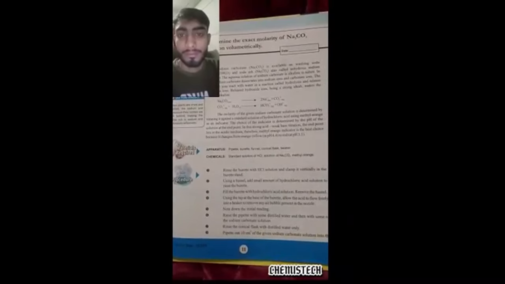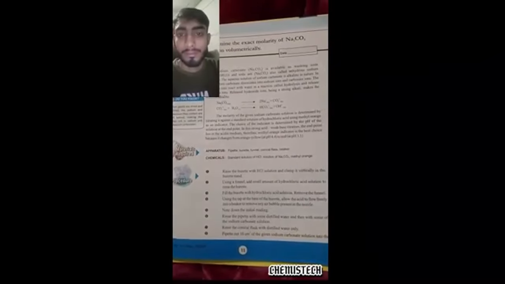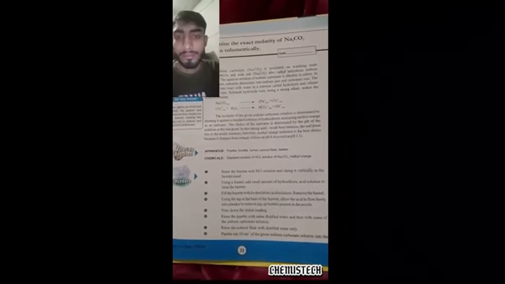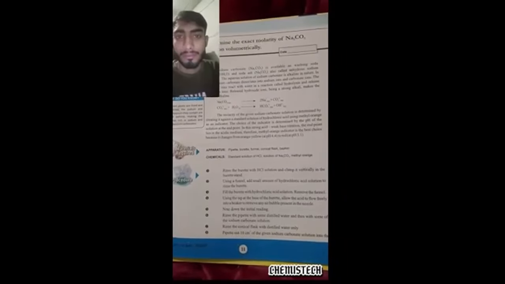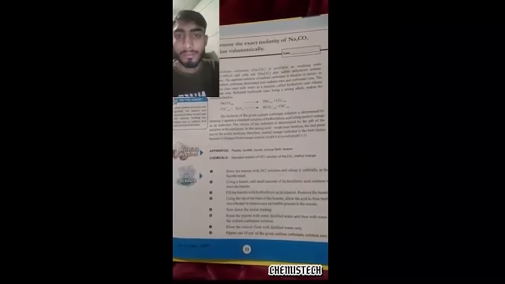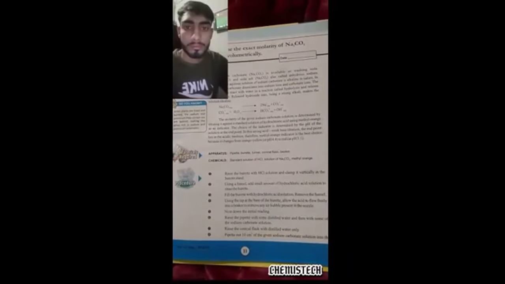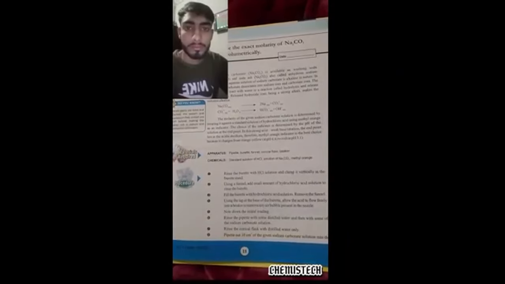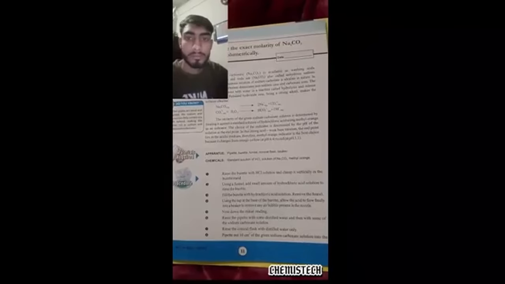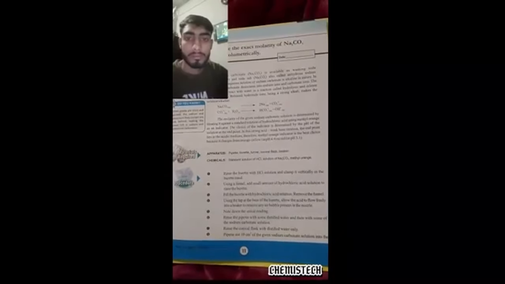dissociates into sodium ions and carbonate ions. The carbonate ions react with water in a reaction called hydrolysis and release hydroxide ions. The released hydroxide ions, being a strong alkali, make the solution alkaline.